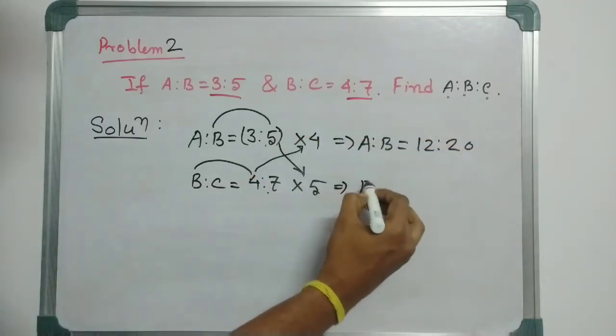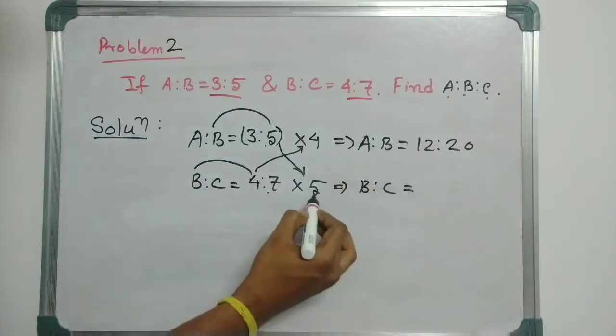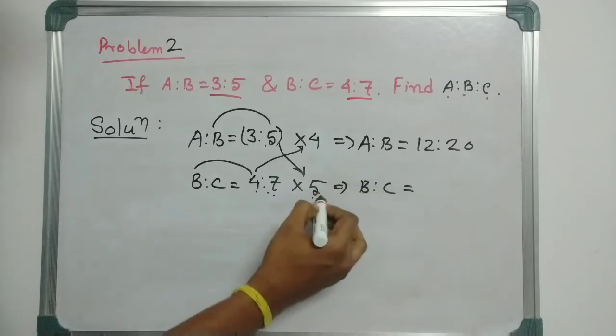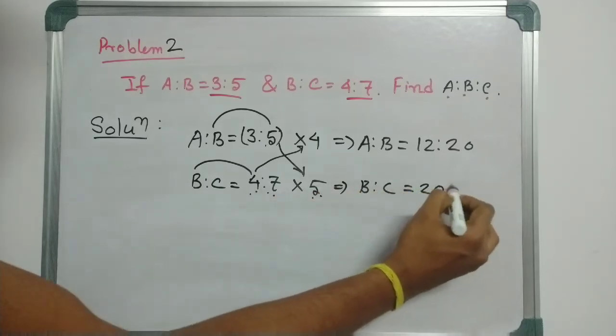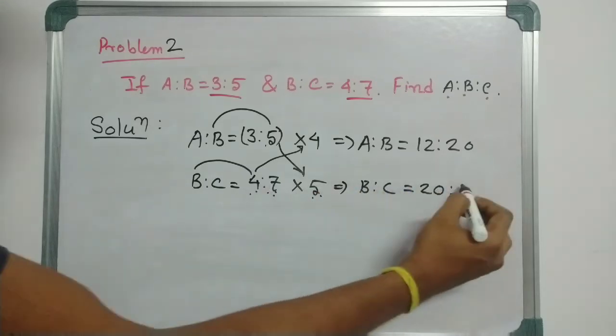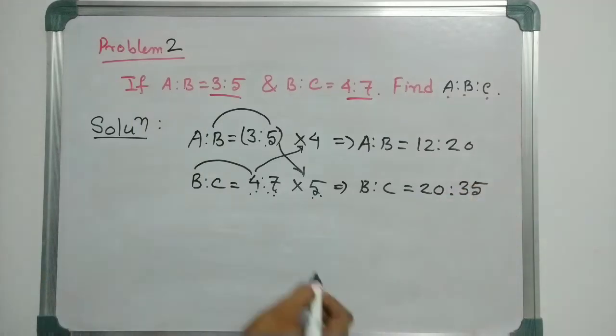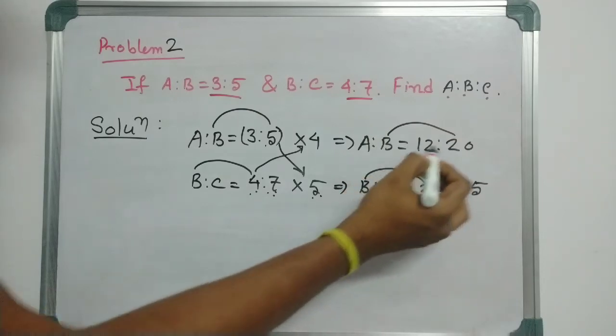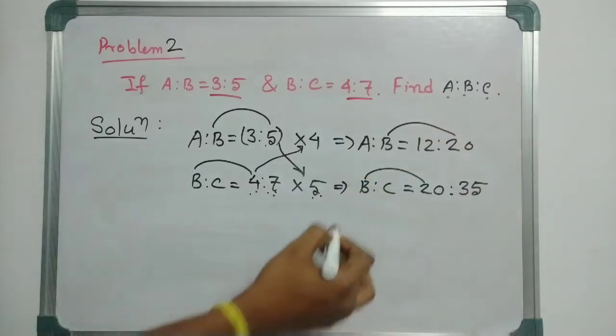And here, B is to C. Here 5 will be multiplied with both 4 and 7. So 5 into 4 is 20 and 5 into 7 is 35. Here we got that the part of B has become the same for both the ratios.